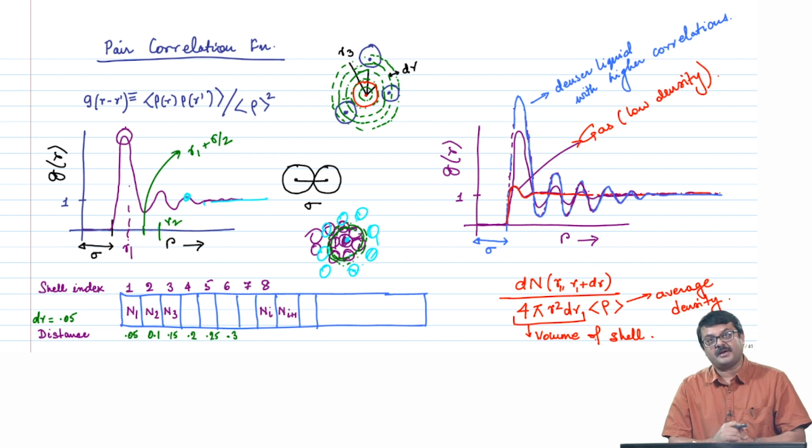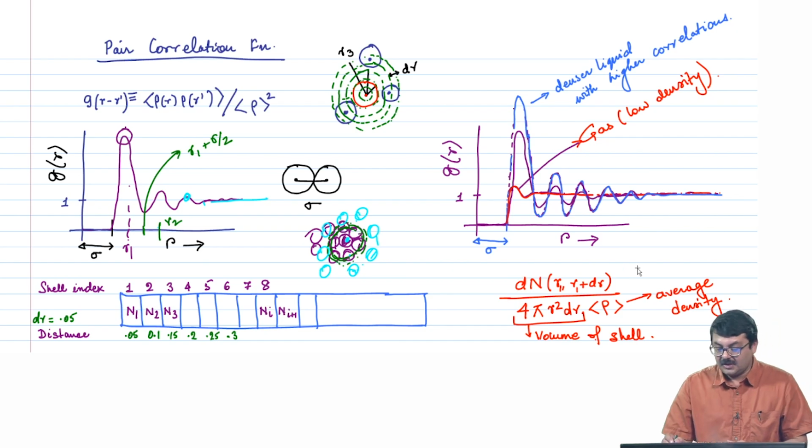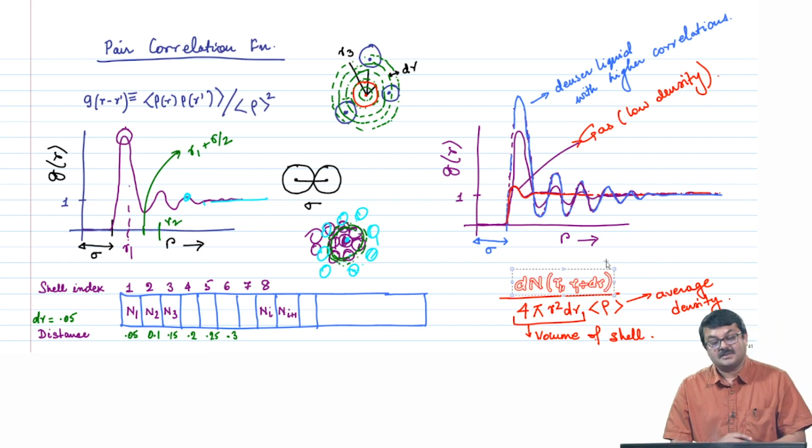So, the way the pair correlation function is calculated is basically you count on an average the number of particles that you have between r1 and r1 plus dr, that is within a shell.